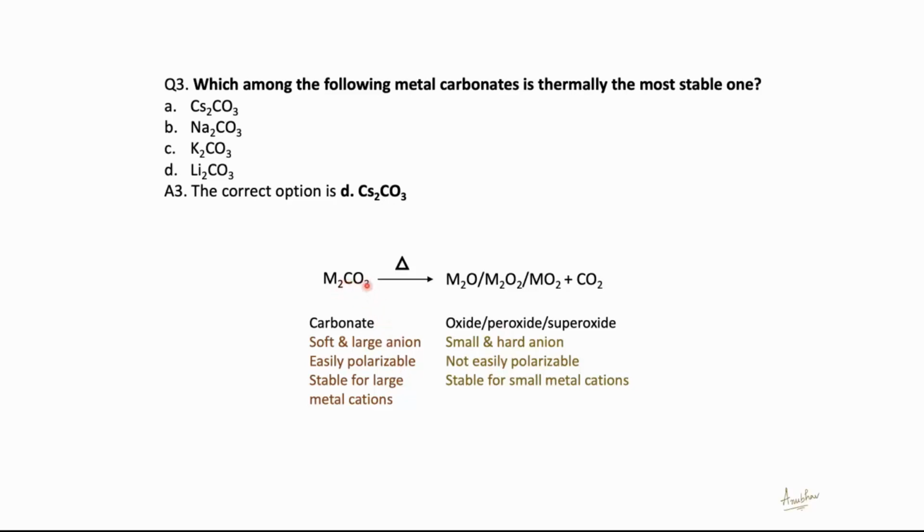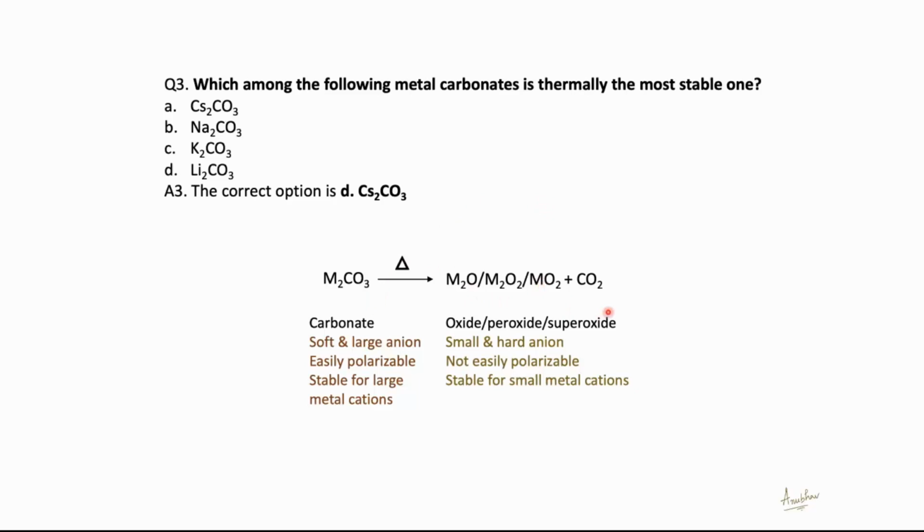So then they won't be able to distort the electron cloud of the carbonate. So in those cases, the heat required will be more. That's why cesium carbonate is thermally more stable, because more energy is required to convert cesium carbonate to cesium oxide plus CO2.